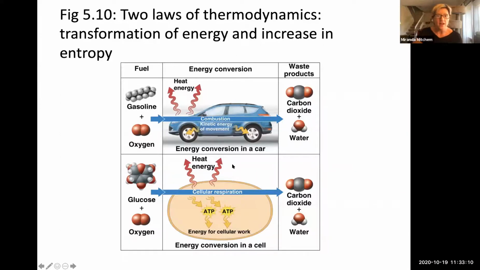Some energy is lost in the form of heat, but organisms like ourselves that are endothermic utilize that heat energy as part of the internal core body temperature. So both of these are about potential energy in the fuel being converted into kinetic energy through our metabolism.